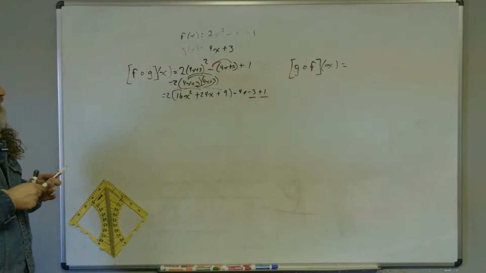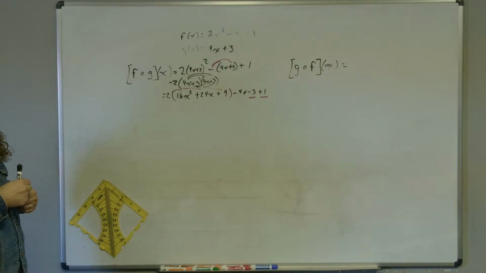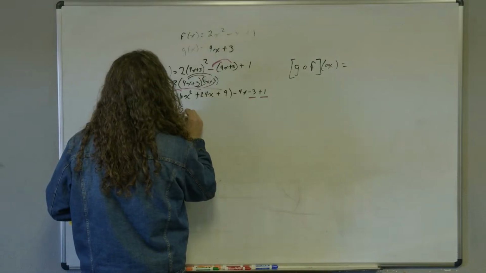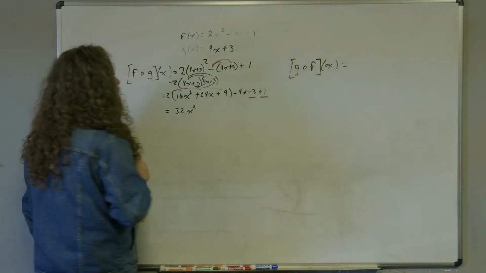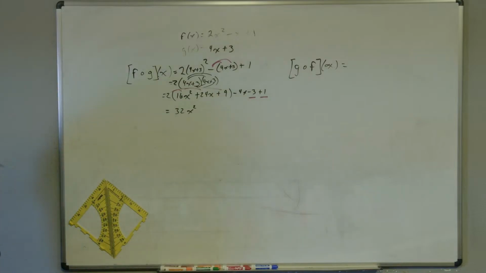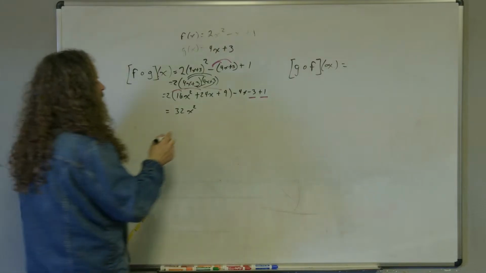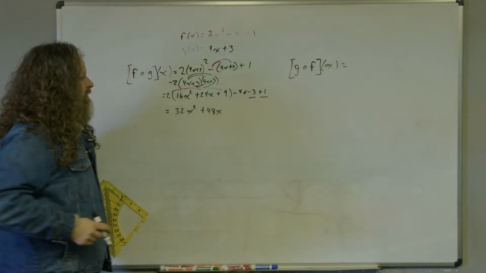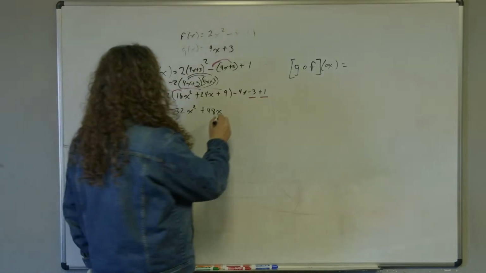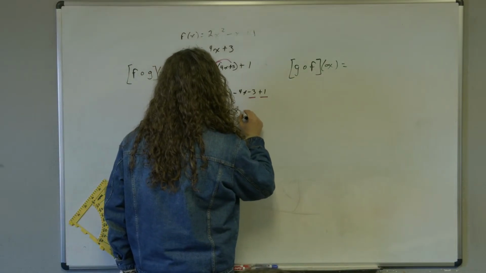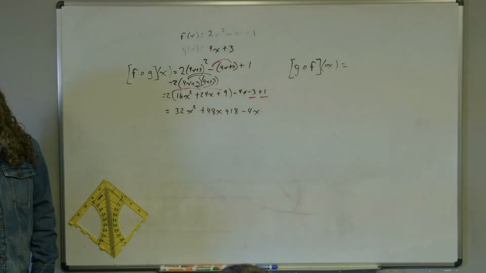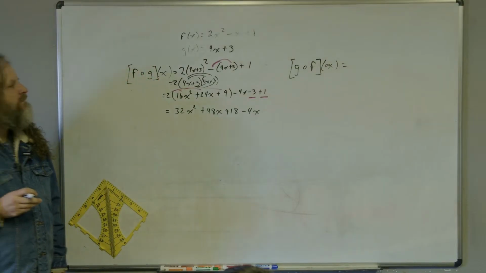So what is 2 times 16x squared? 32x squared. 2 times 24x is 48x. And then 2 times 9, 18. Negative 3 plus 1. Negative 2.